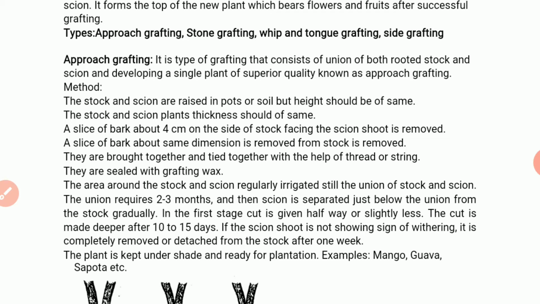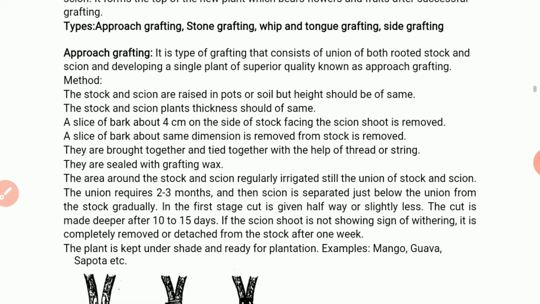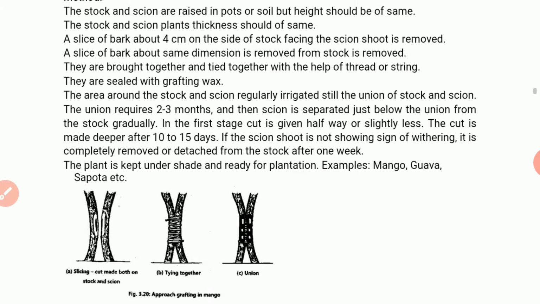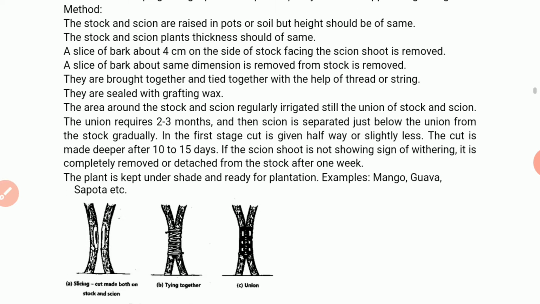A slice of bark about 4 cm on the side of the stalk facing the scion shoot is removed. Here we can see in the figure that the bark of scion and stalk is cut about 4 cm, which is facing each other.